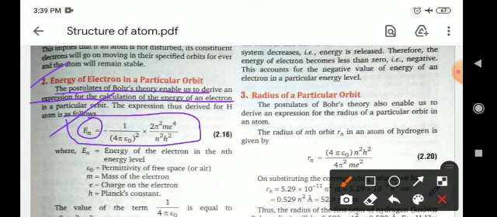So En equals 1 upon 4 pi epsilon 0 whole square into 2 pi square m e square upon n square h square. All the terms are given here: En is the energy of the electron in the nth level, epsilon is the permittivity of free space, m is the mass of the electron, e is the charge on the electron, and h is Planck's constant.